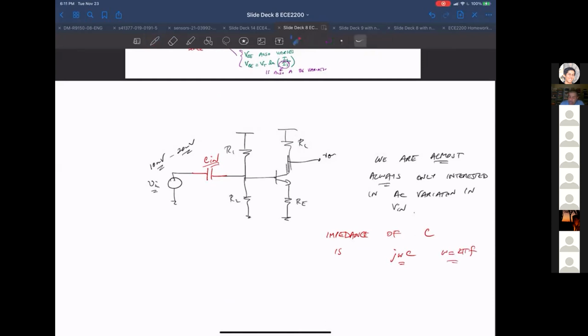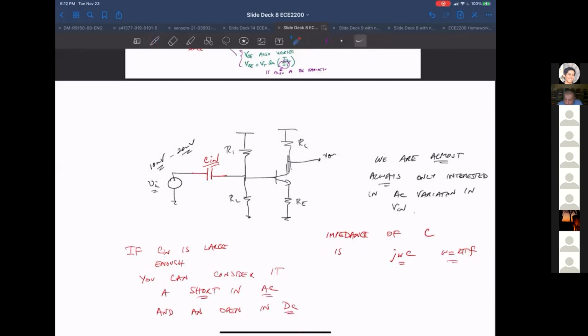Okay, so with higher and higher frequencies, the impedance of this guy goes down. So if C-in is large enough, you can consider it a short in AC, and an open in DC.